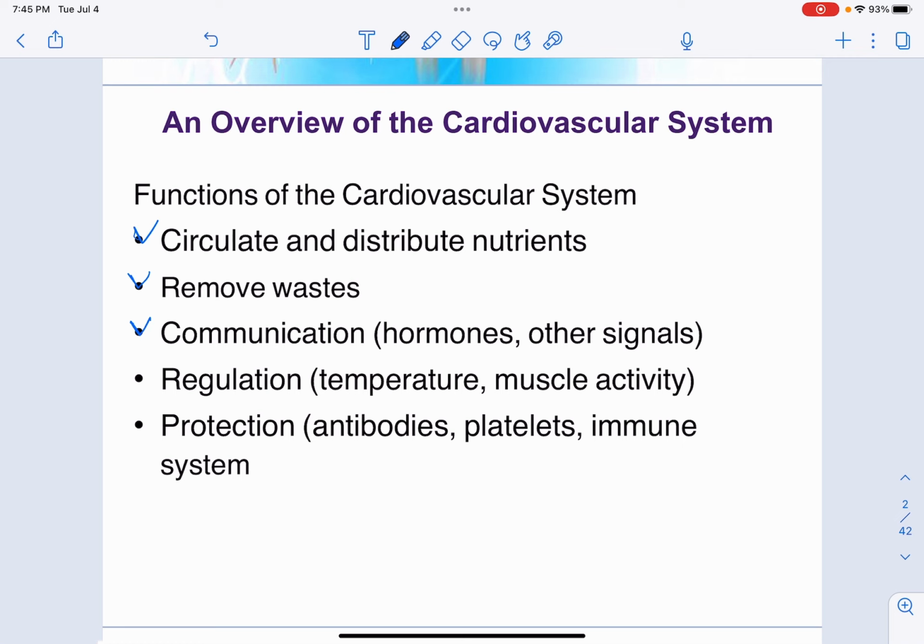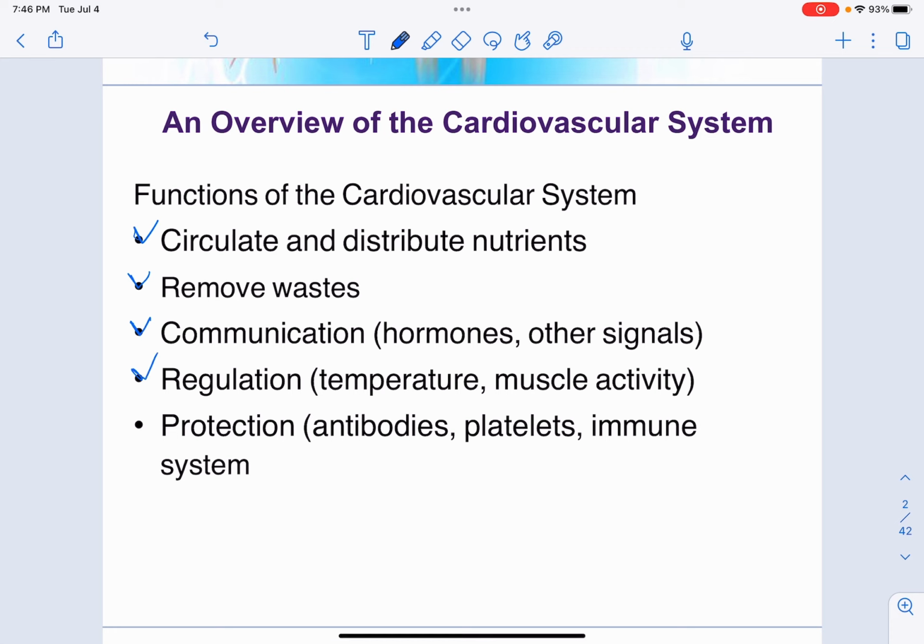And similarly, in terms of temperature, if you step outside on a cold day, you're going to get constriction of blood vessels in the skin so that the blood doesn't cool off and head back towards the heart, because if it's cold, it could then lower your core body temperature.